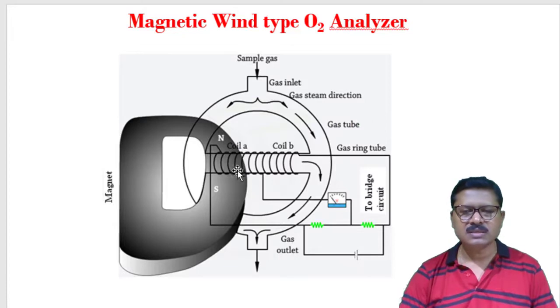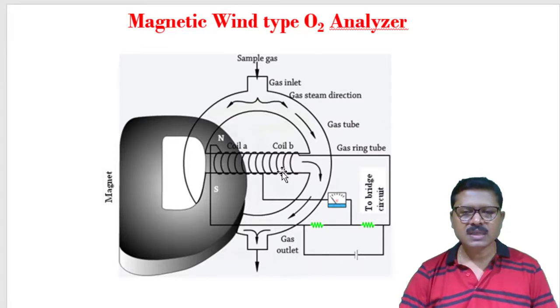This change of resistance is because of the flow of the oxygen molecules through this tube. If the concentration of the oxygen molecules in the sample gas is higher, then the flow through this tube is higher. The change of temperature of this coil and of this coil is higher, meaning the difference between the temperatures of these two coils is higher.